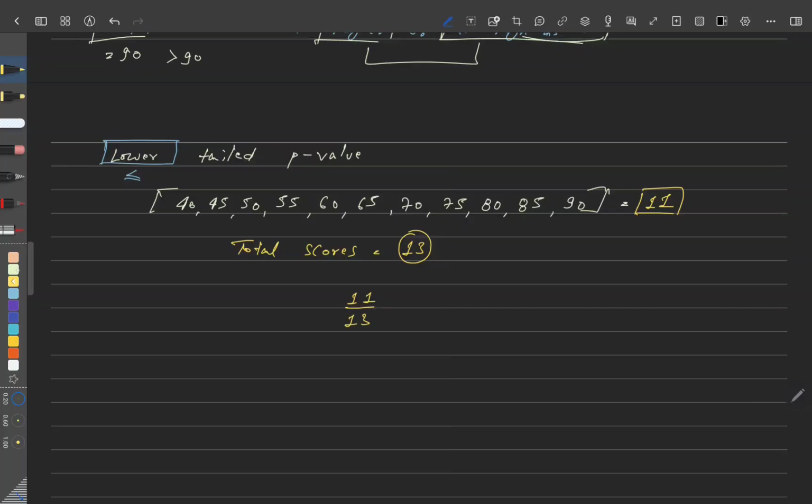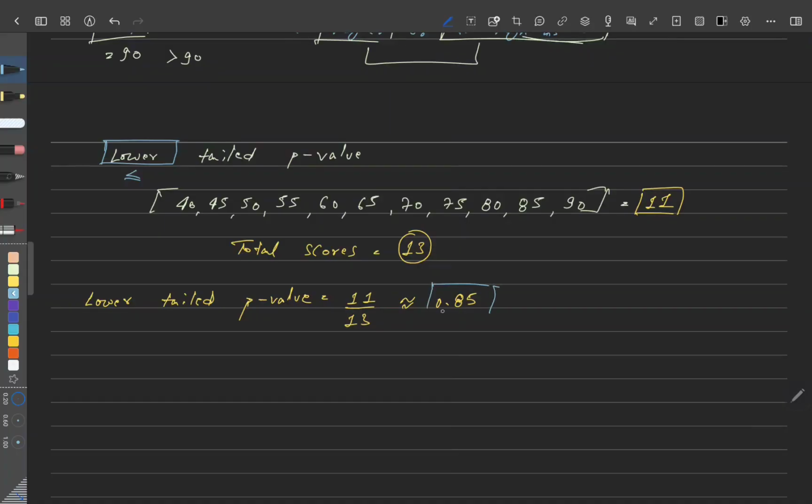So that would give us the lower tailed p-value, and this would be approximately 0.85.